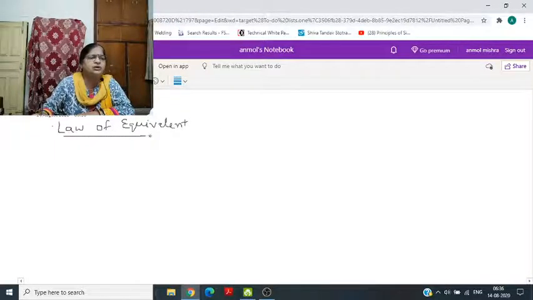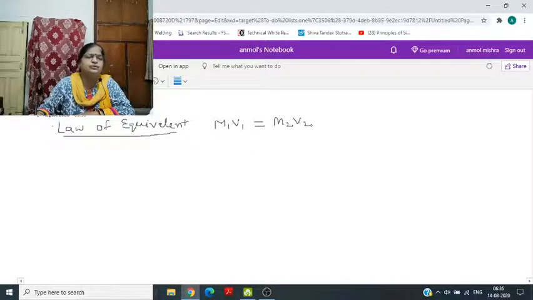This law is M1 V1 is equal to M2 V2. If the molarity of one of the solutions is known, we can find the molarity of the second solution with the help of the known values of the volumes.